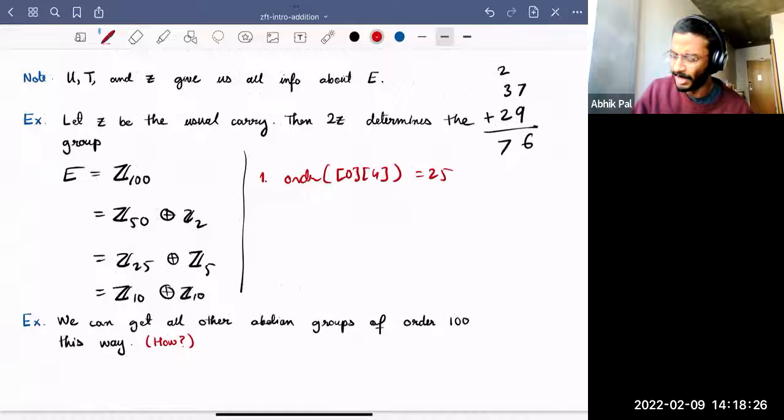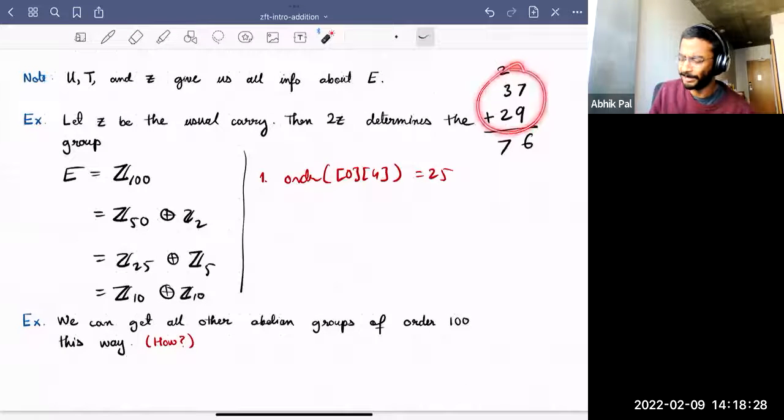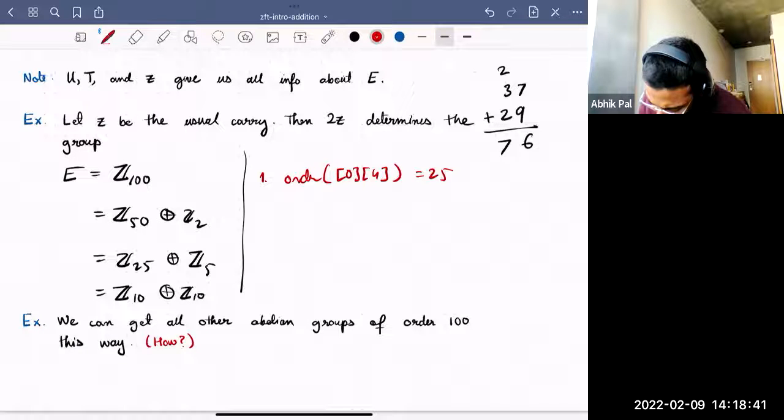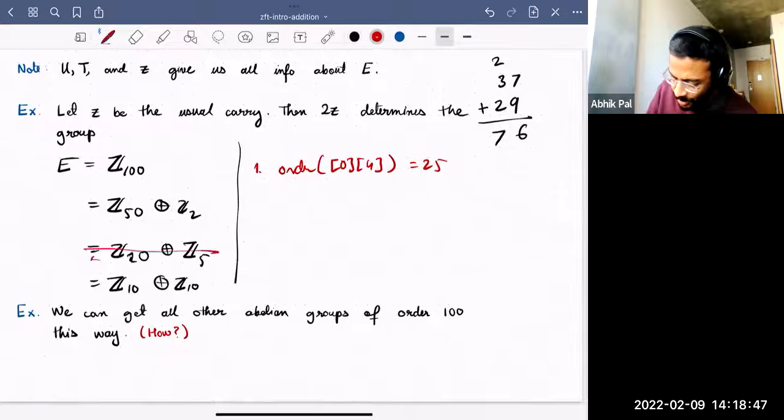You can try to see that if you carry in this funny way and add (0, 4) to itself 25 times, you get back 0. This element has order 25. So we can eliminate, this should be Z mod 20, this group and this group, because they don't have any elements of order 25.